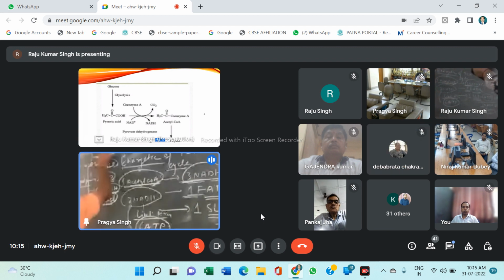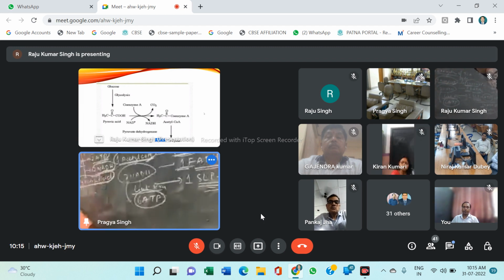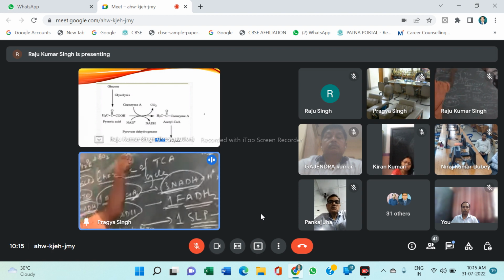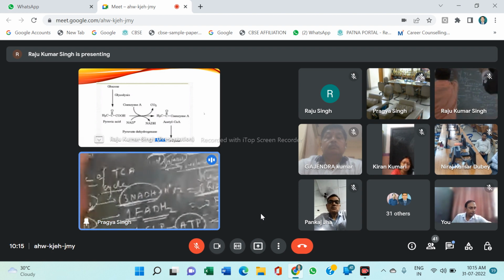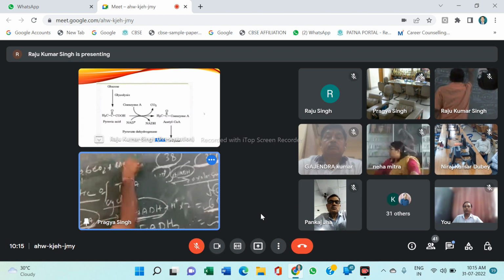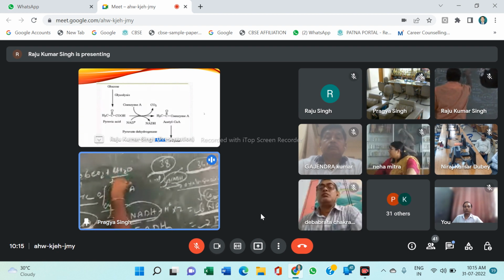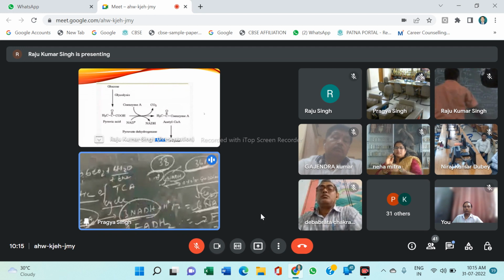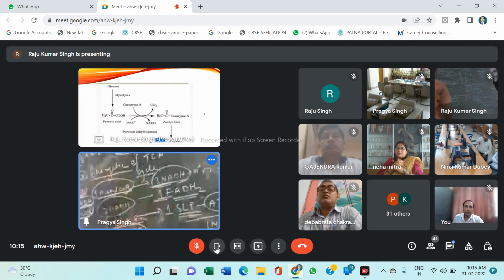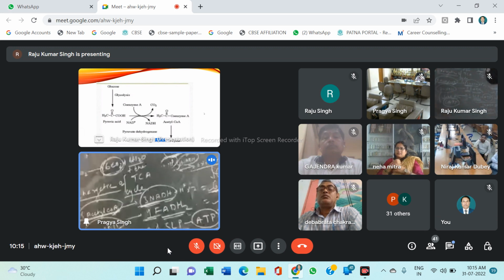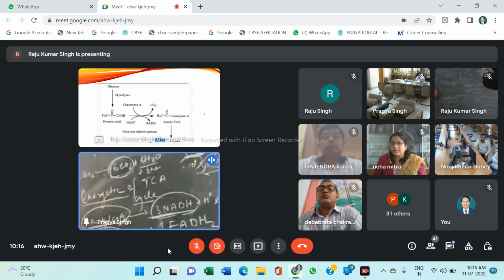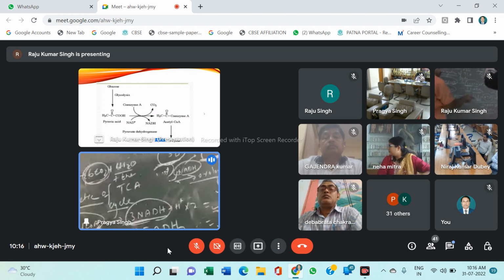For this complete oxidation of 6 carbon, we require 6 oxygen, and ultimately there is formation of 6 CO2 plus 6 H2O plus your energy, and that is the energy that we are talking about. Now this CO2 is not being formed in glycolysis of pyruvic acid. It is only in the link reaction and the Krebs cycle, as we have discussed earlier.